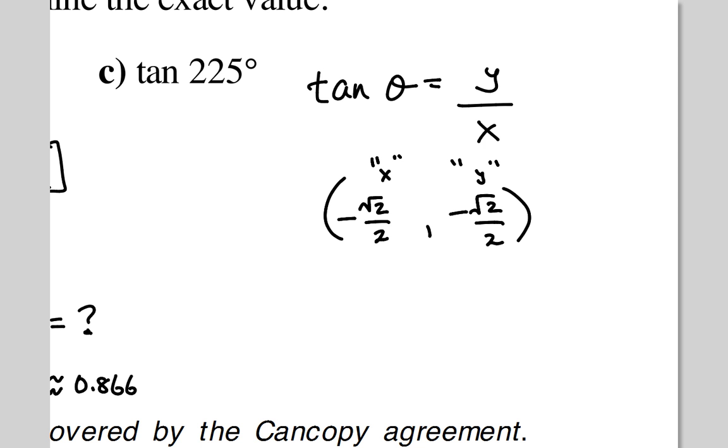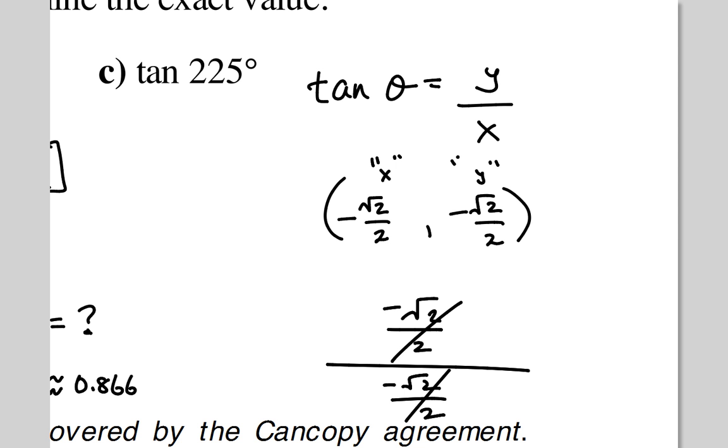So now you have to divide those. And what do you get? Are you surprised that you got 1? Negative root 2 over 2 divided by negative root 2 over 2. Well, it's the same thing. The negatives cancel. You get 1.